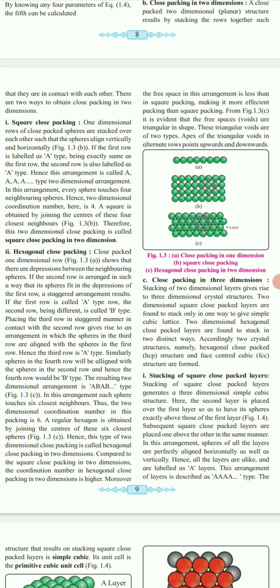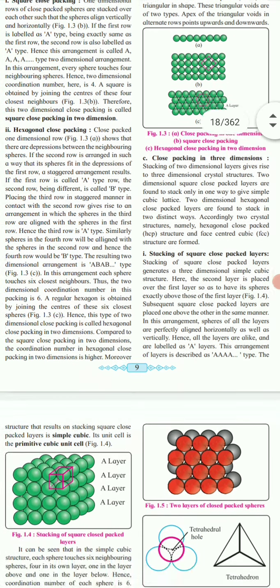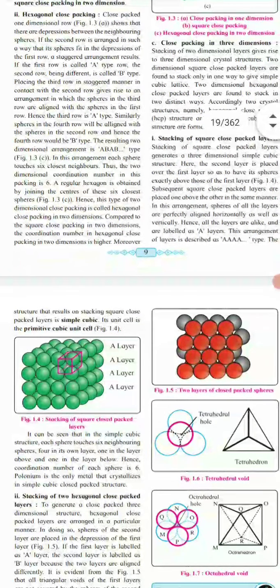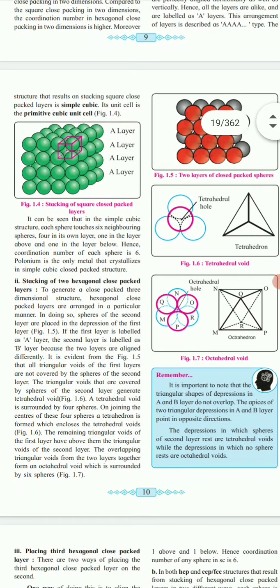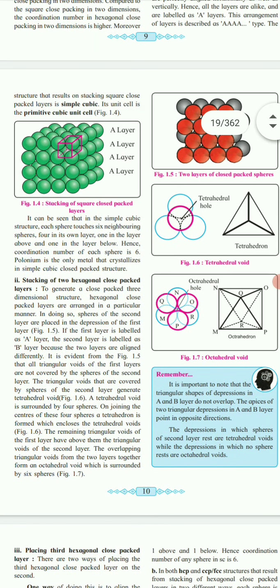This arrangement of layers is described as AAAA type. The structure that results on stacking square close packed layers is simple cubic, and its unit cell is the primitive cubic unit cell, figure 1.4.